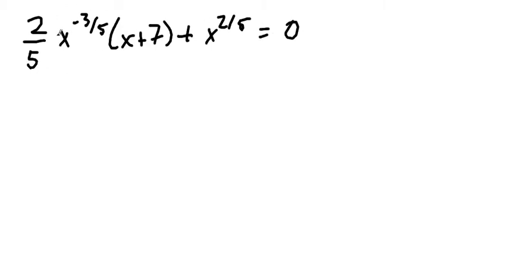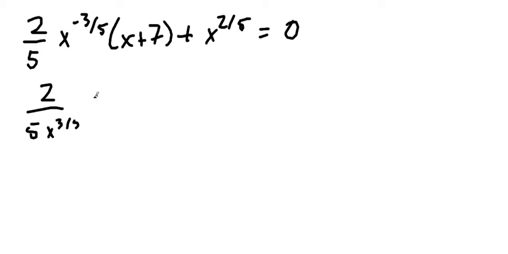Now another way I can attack this is trying to start to unpack what this means. x to the minus 3/5 really means 1 over x to the 3/5.